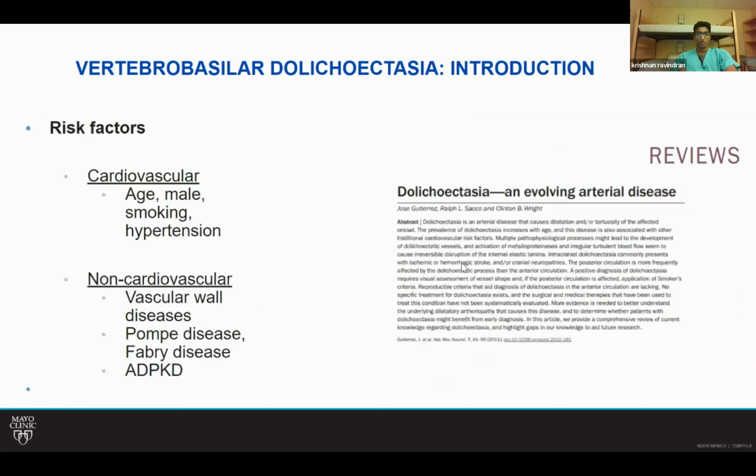And importantly, there are non-cardiovascular risk factors, namely vessel wall diseases such as Marfan's, Ehlers-Danlos, as well as certain other metabolic conditions, such as the glycogen storage disease, Pompe's disease, and the lysosomal storage disease, Fabry's disease, which people maybe remember from USMLE Step 1, and autosomal dominant polycystic kidney disease that have been associated with dolichoectasia in general, and specifically with vertebrobasilar dolichoectasia.